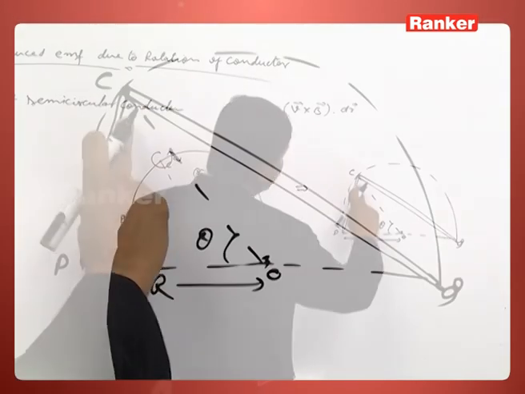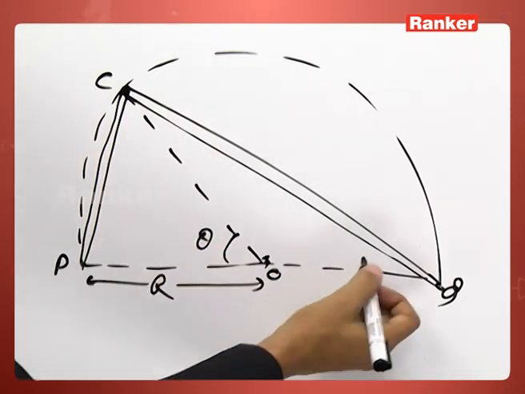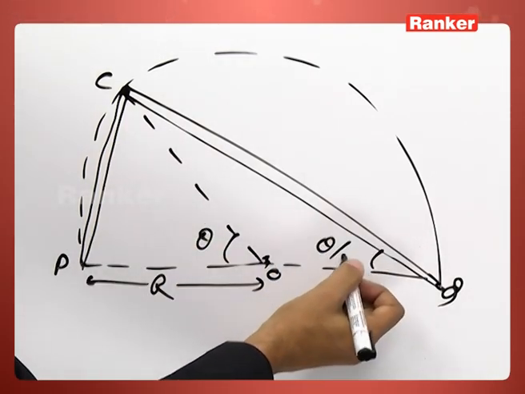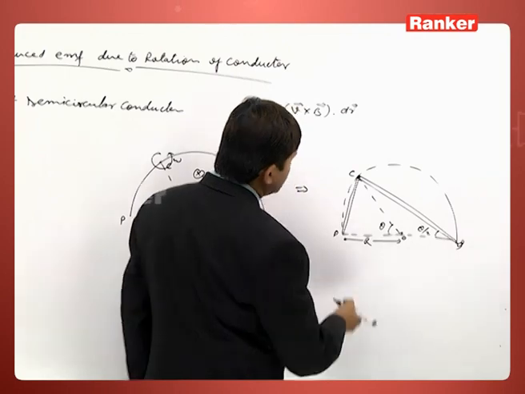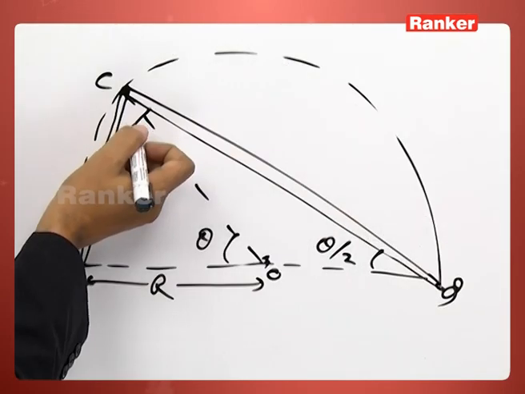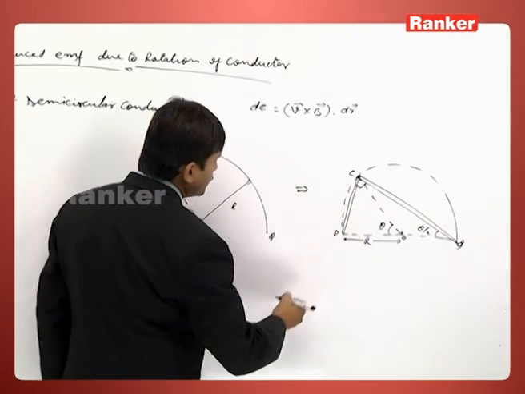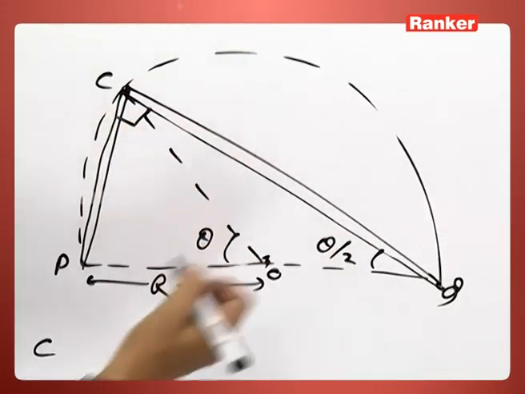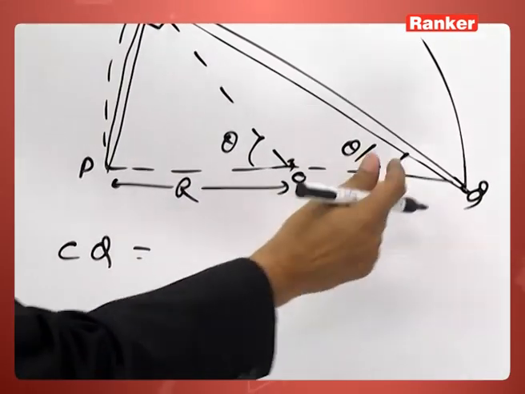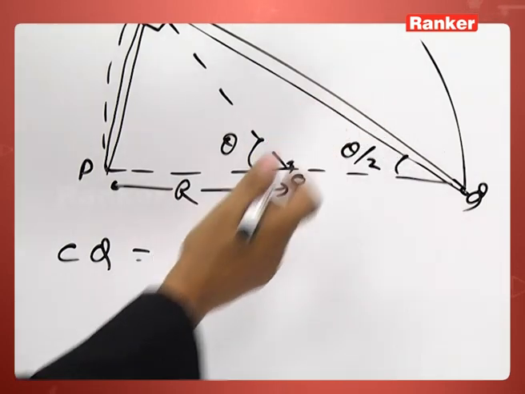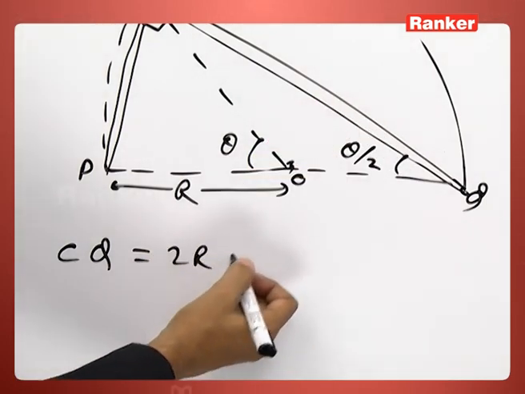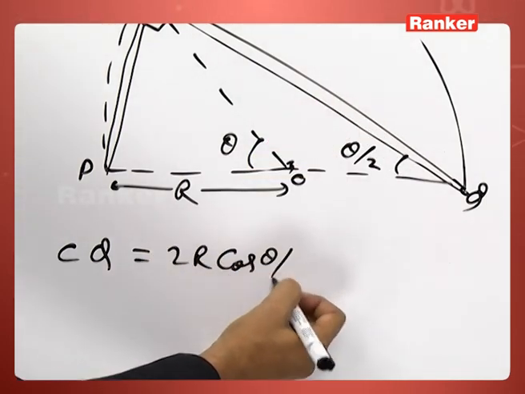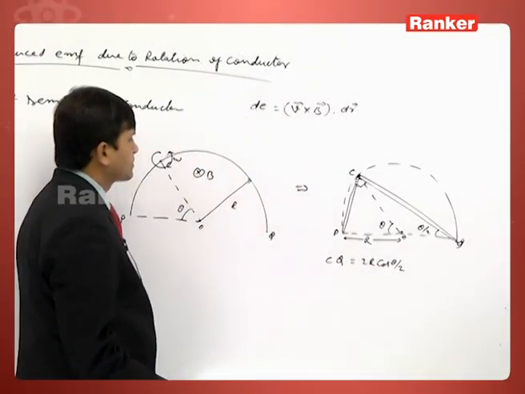So if this arc is making angle theta here, this angle will be theta by 2, the first thing. As this angle here is 90, the CQ value will be 2R cos theta by 2.